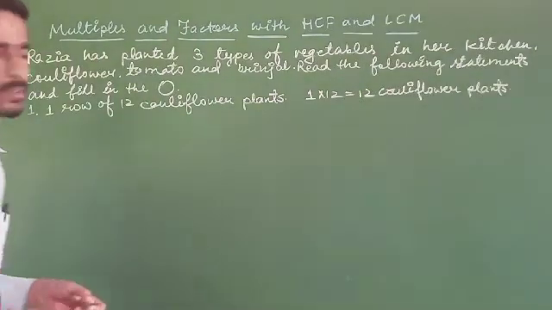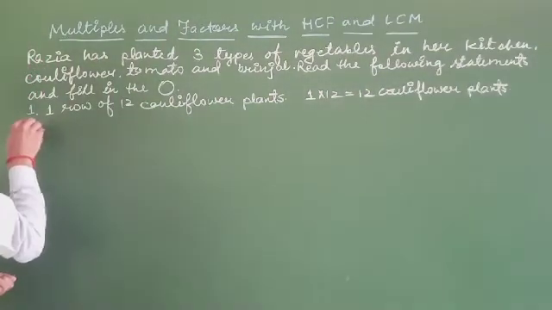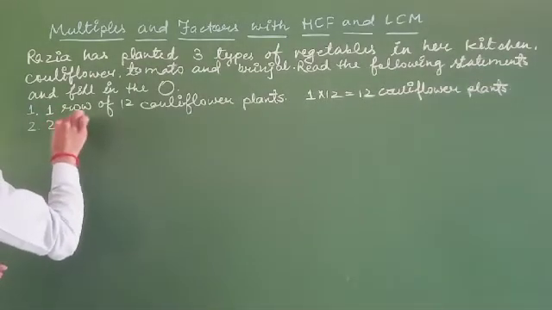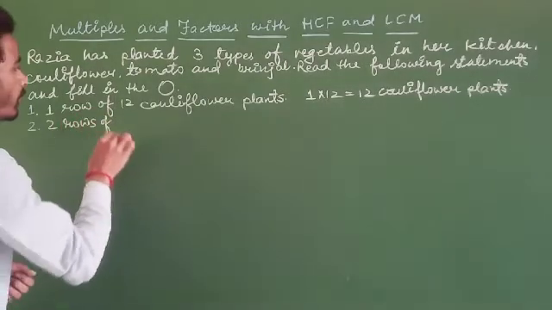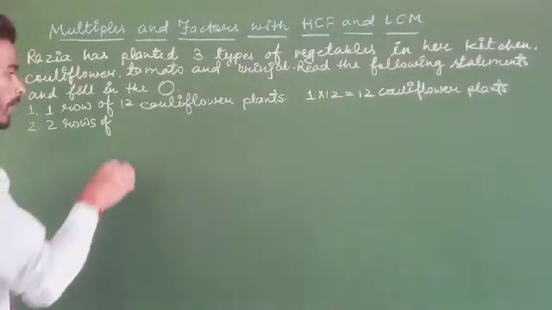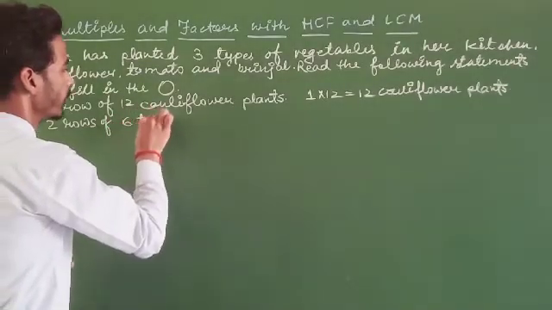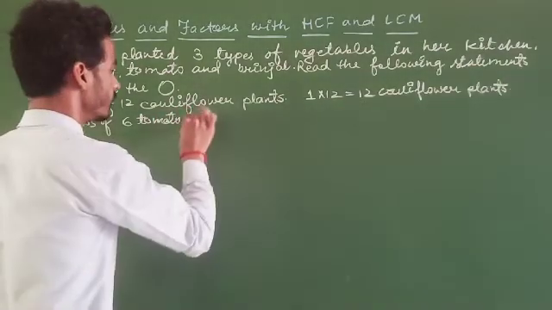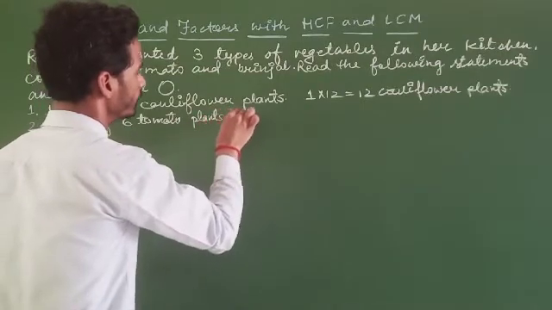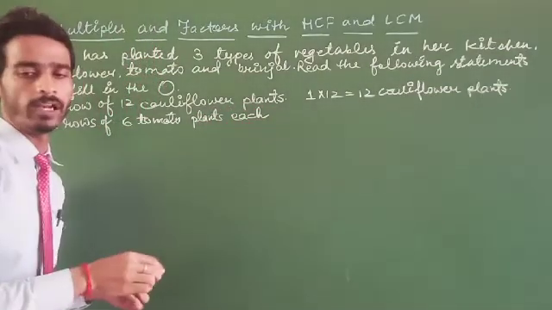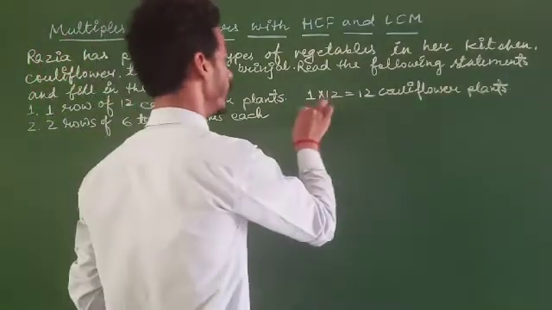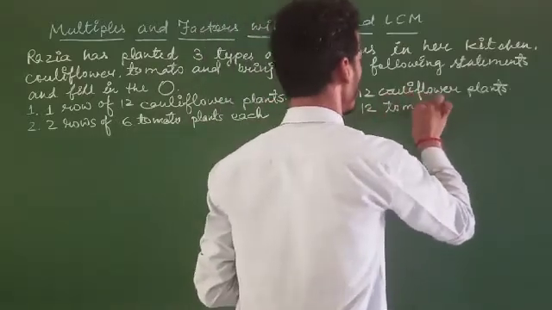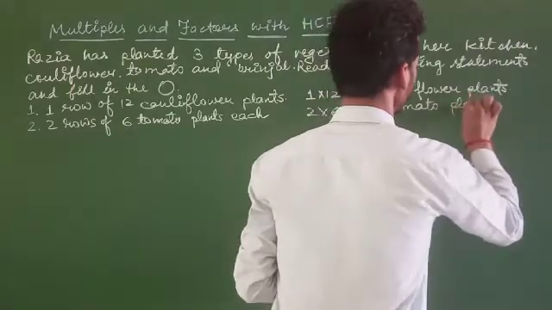And now the second one is two rows of six tomato plants each, that is 2 multiplied by 6, 12 tomato plants.